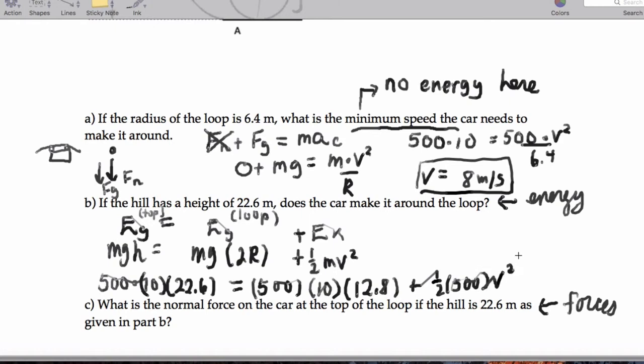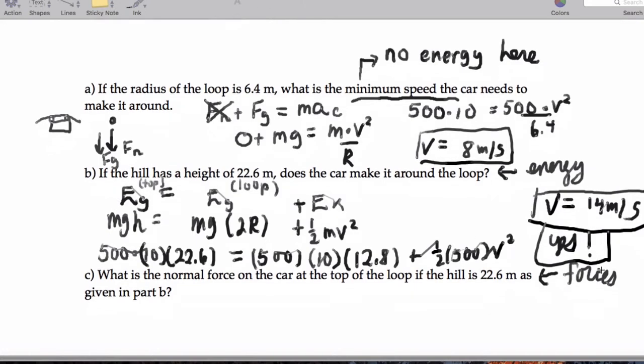And I'm going to go ahead and actually calculate that out. When we actually calculate that out, we're going to end up getting a speed of 14 meters per second, which is considerably faster than the minimum speed needed to make it. So the answer is yes.